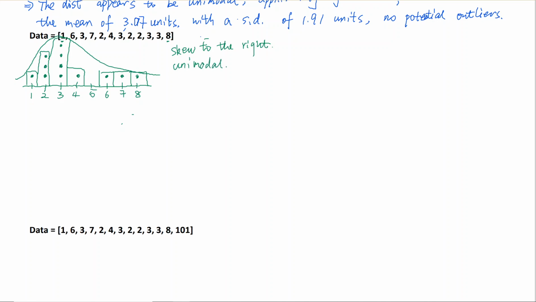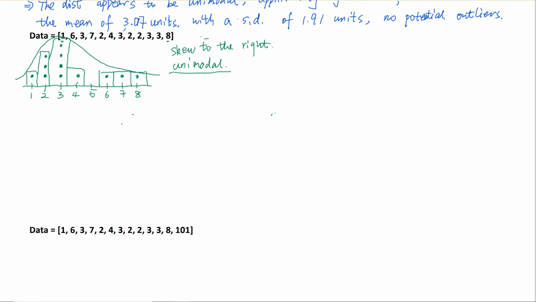Any potential outliers? Looks like there is a gap at 5, but it doesn't look like these 3s are outliers, but we don't know yet, right? So let's keep it until the end so that we can calculate their lower limit and upper limit, to decide whether the 6, 7, 8 are outliers or not.